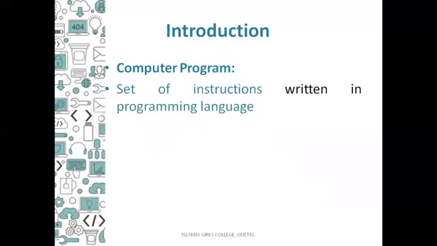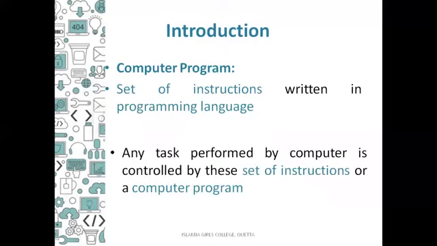So when you have to give instructions to the computer, we develop a computer program so that we can tell the computer how to process the data. Any task which is performed by the computer is controlled by these sets of instructions. In a computer program, there are multiple instructions, not a single one. Therefore it is known as a set of instructions.